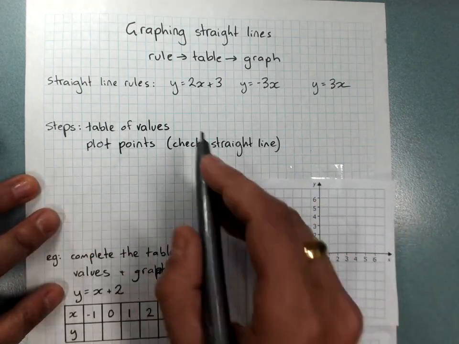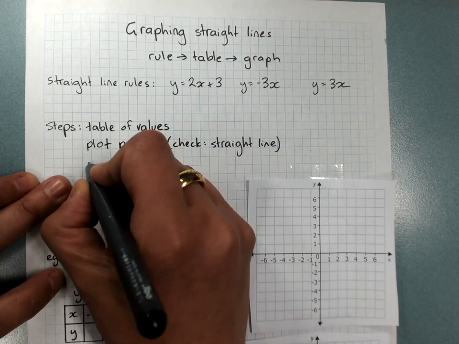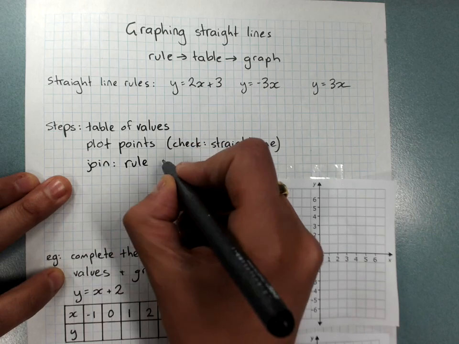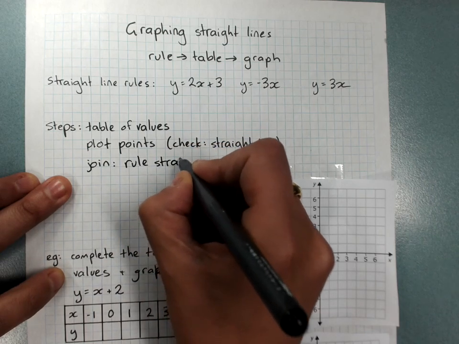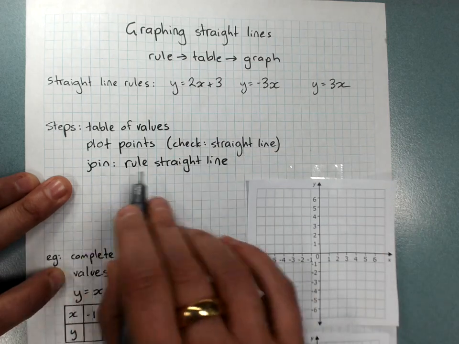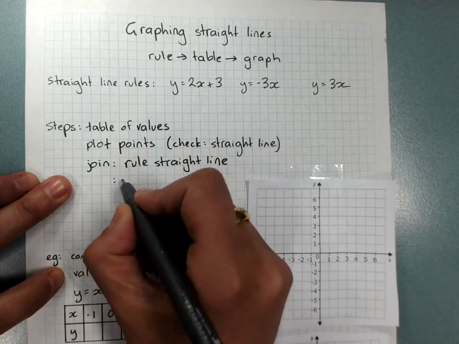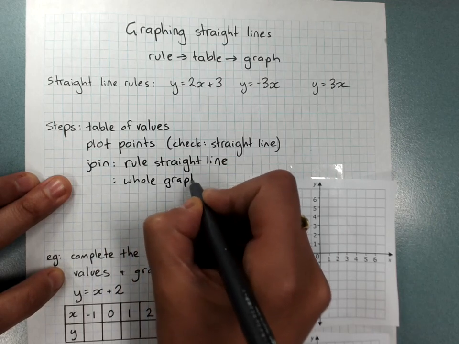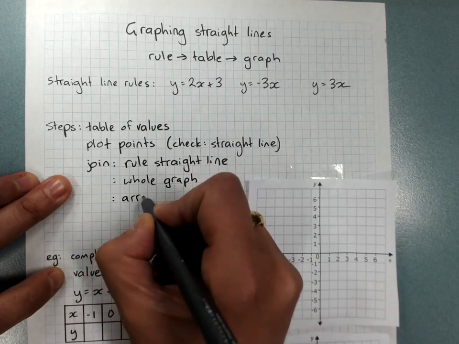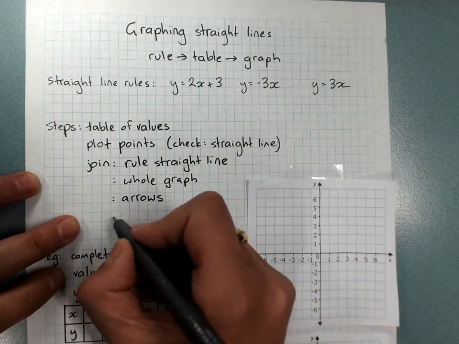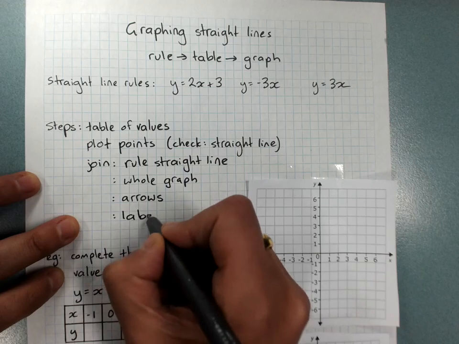After we have plotted our points, we join them with a straight line. The line goes all the way through the graph, with arrows at either end of the line to show that it could keep going, and we label the line with its rule.